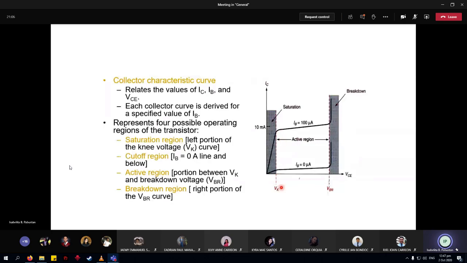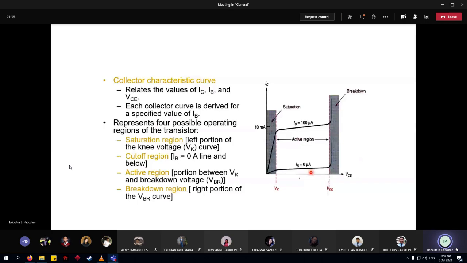The cutoff region naman, this one is actually exaggerated. Yung IB equal to 0 microampere, you will be saying na if IB is equal to 0 microampere, then IC must be 0 as well. Not really. There will be a very small value of IC for an IB equal to 0 microampere. So that's why I said that this one is exaggerated.